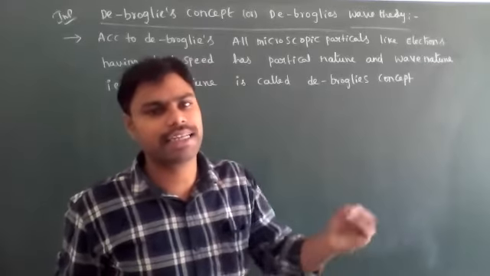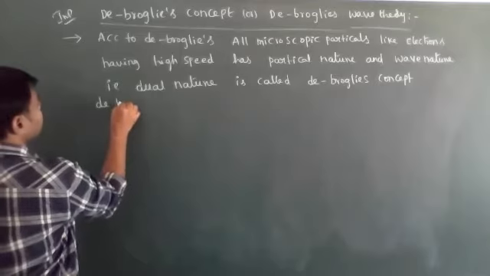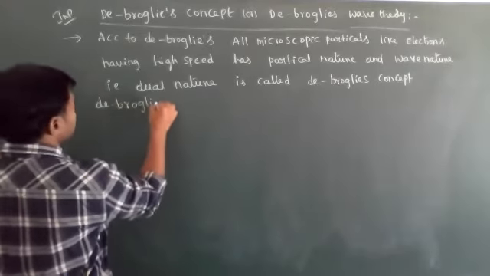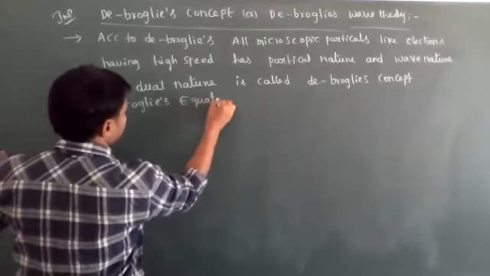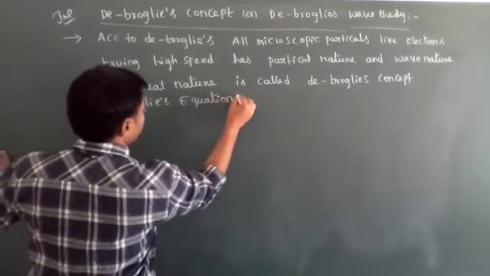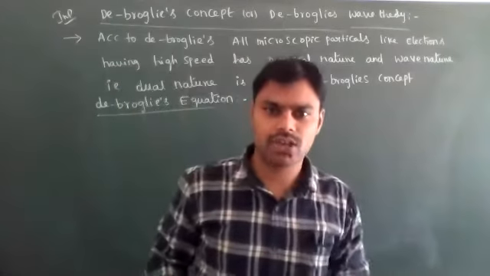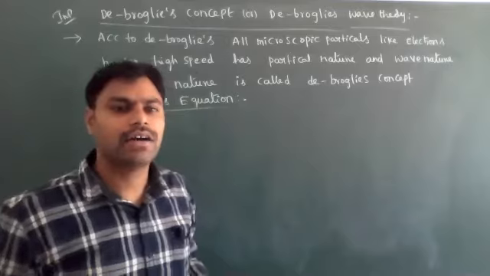Now I will discuss how he derived it. It's very easy. The de Broglie equation mainly depends on Einstein's formula and Max Planck's formula.